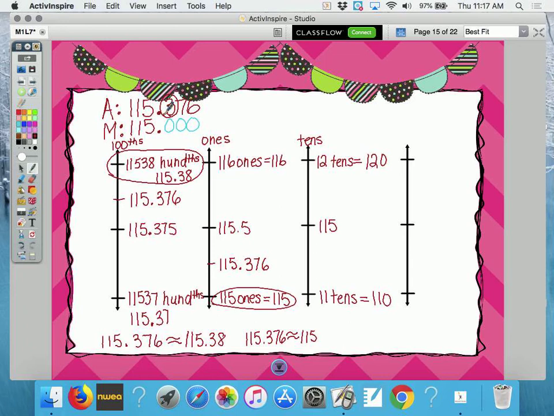Okay, so where do I write the actual, Isamar, if it's larger than the midpoint? On the top, good. So 115.376, rounded to the nearest 10, the answer is 120. So down here, 115 and 376 thousandths rounds to 120.